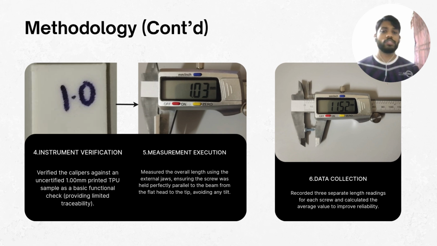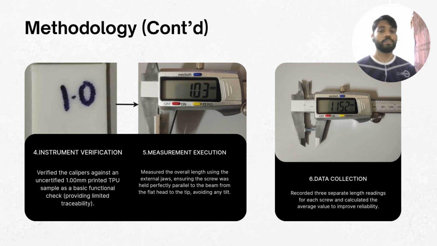Okay, now that we've done the zero calibration, let's do another method, which is called traceability, where we can ensure the verification of the instrument itself. Although it is to be noted that in our case, we don't actually have a certified reference block to know whether or not the caliper itself is reading the exact dimension. But we can do an uncertified method, which in our case we decided to use a 1 millimeter thickness of a printed TPU, and we are going to use the vernier caliper itself to measure the thickness.